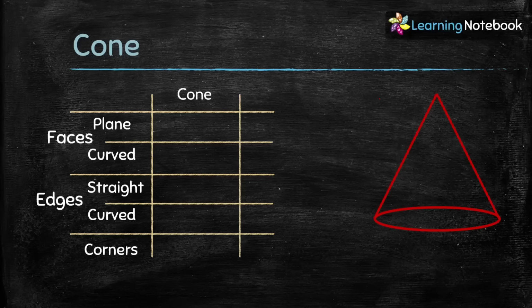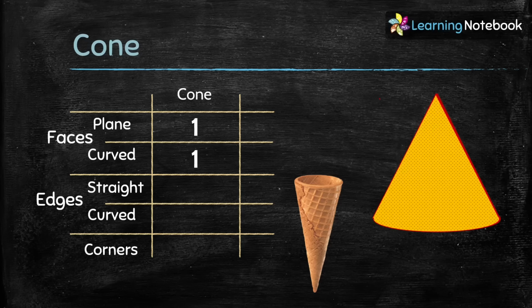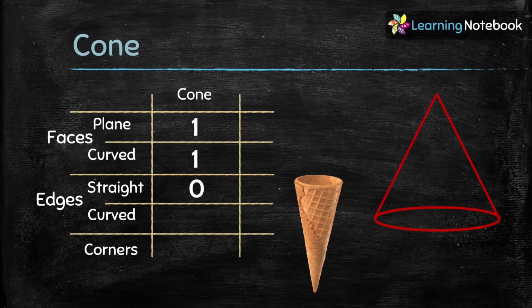Now let's see the last solid shape, which is cone. A cone has one plane face at the bottom and it also has one curved face as shown here. Next, edges.